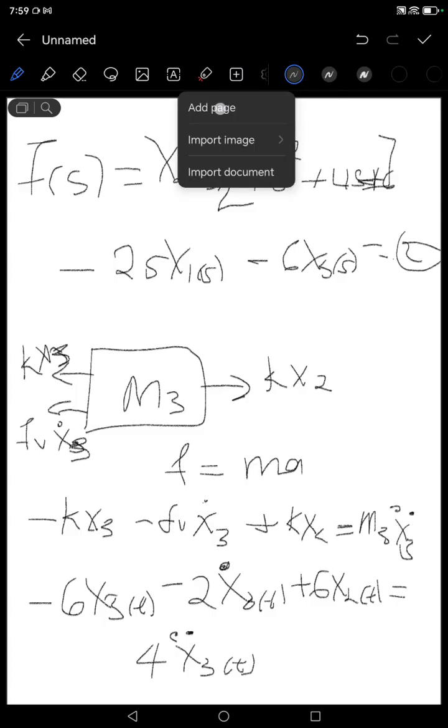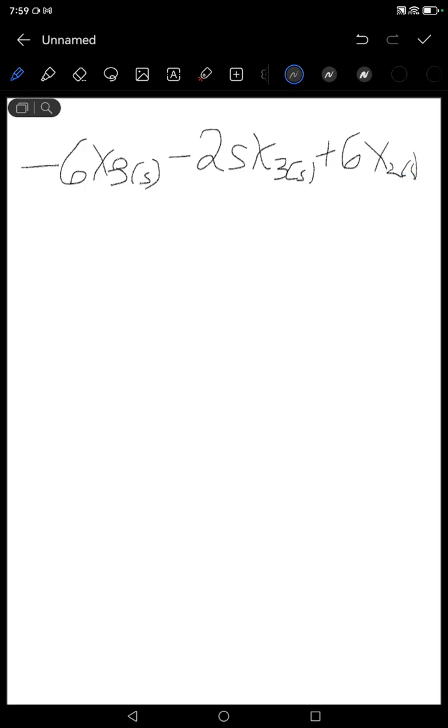Okay, so we're going to have a negative 6 X3(s), and then minus 2s X3(s), plus 6 X2(s), equals 4s squared X3(s). And then from here we can take out the common factor of X3.